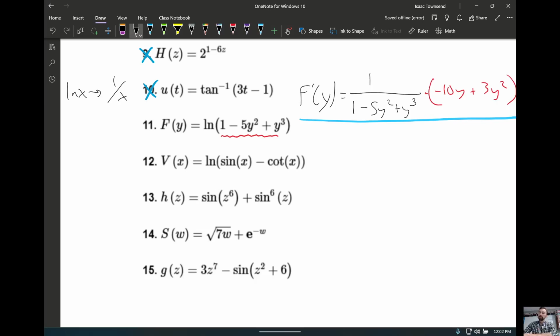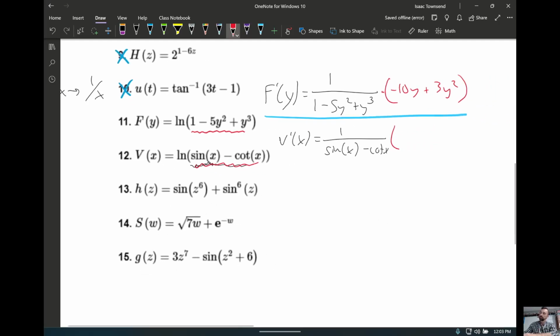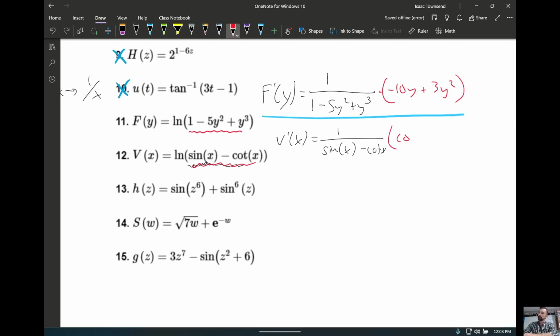So, same idea with number 12. Natural log of something is going to be 1 over something. In this case, the something is sine x minus cotangent x. Come back and multiply by the derivative of the inside, which would be the derivative of sine, which is cosine, minus the derivative of cotangent.